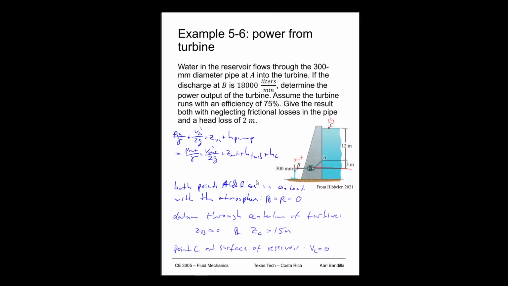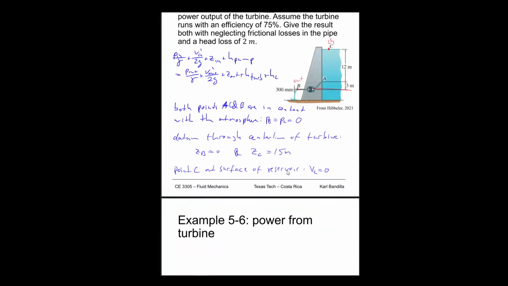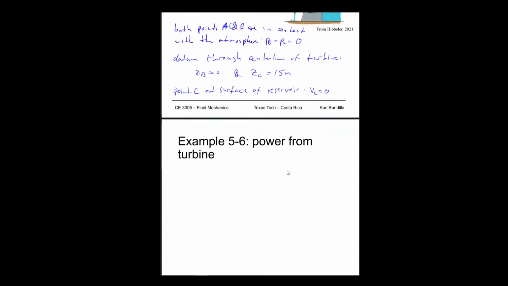That means now we want to find our velocity at B. How do we do that? Well, at B, we know we have the outflow, right, 18,000 liters per minute, and we have the diameter, so we can get Q, we can get V from Q. So let's just get Q into the right units first.